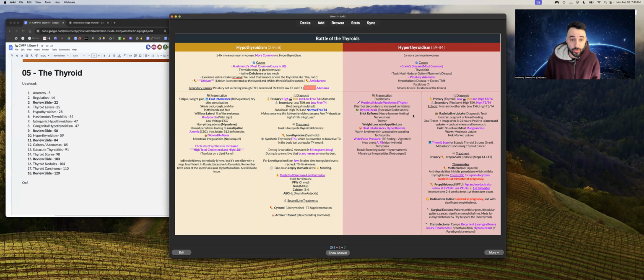All right, this is kind of the main matrix of this PowerPoint. Hypo versus hyper. So we got to know what's on the left, what's on the right, and details. So primary is an issue with the thyroid itself, right? So we have high TSH. The anterior pituitary is trying, right? It's pumping out TSH, but the problem is there's low free T4. T4 is that inactive form of thyroid hormone that is secreted from the thyroid gland. That's basically what you look at to know: is this hypothyroidism, is this hyperthyroidism?